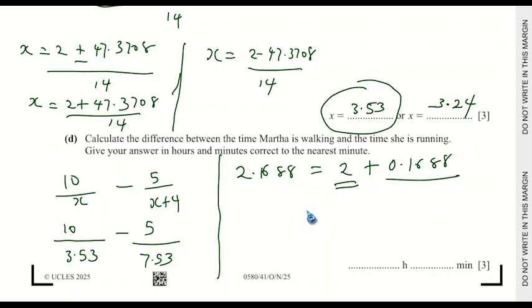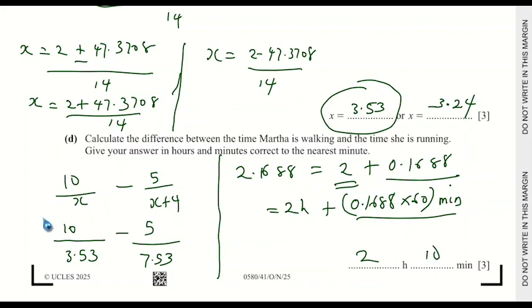So it will be equal to 2 hours plus 0.1688, multiplied by 60. This will convert it to minutes. So we have 2 hours, then this one will give you 10 minutes. So that is pretty straightforward.